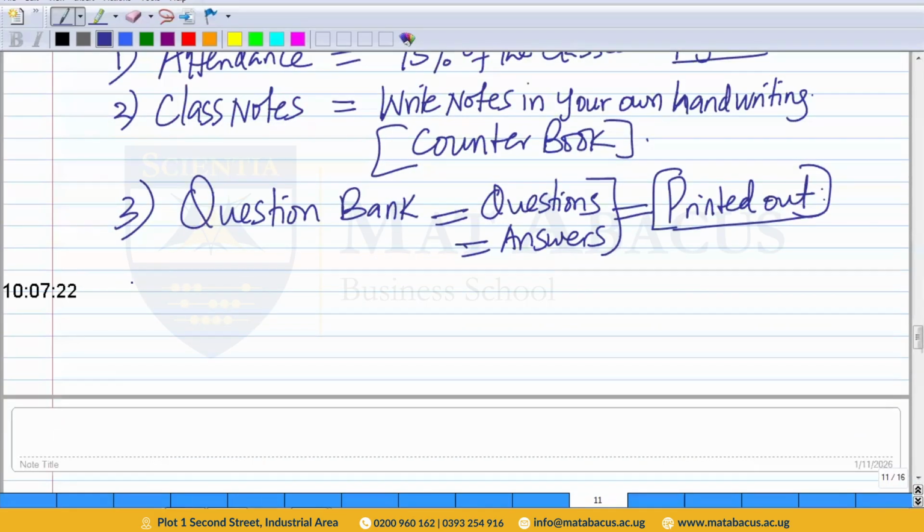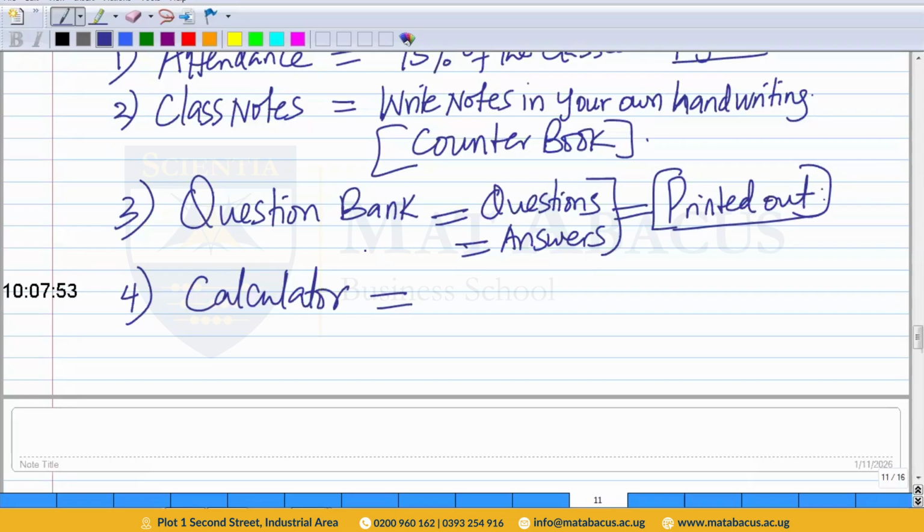So the next one, make sure you have a calculator, because this paper has computations and I expect you to have a calculator. The reason is that those who come to class, they are using their phones, their Samsung, their Tecno, their iPhones, but then in the exam you will not have that. So you need to have a calculator so that you get used to using a calculator.